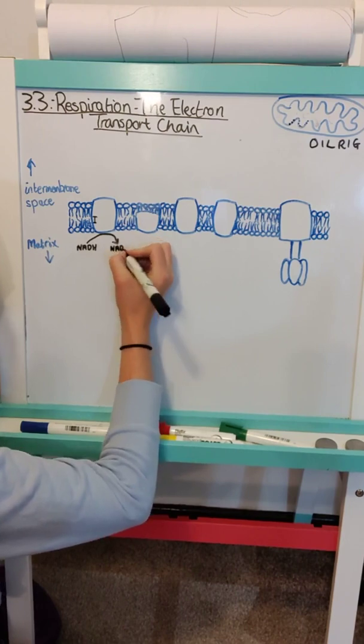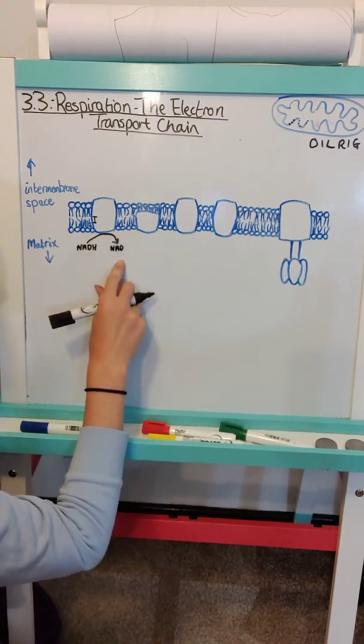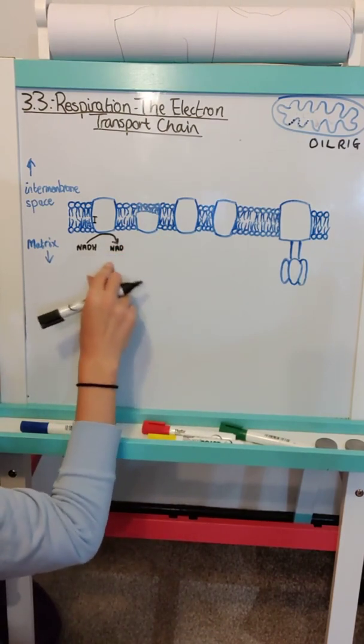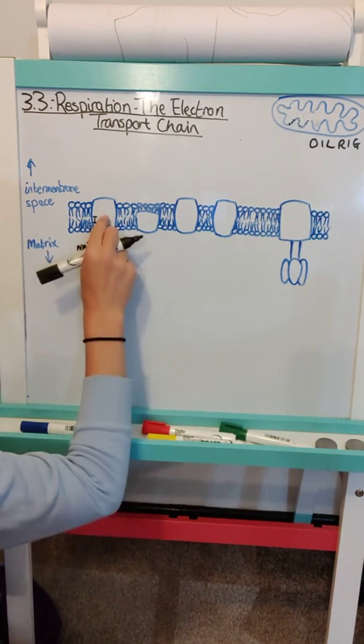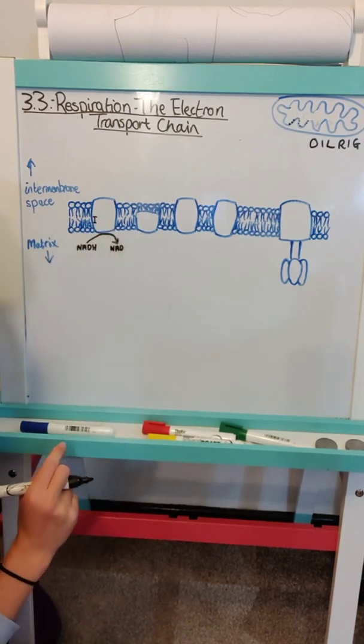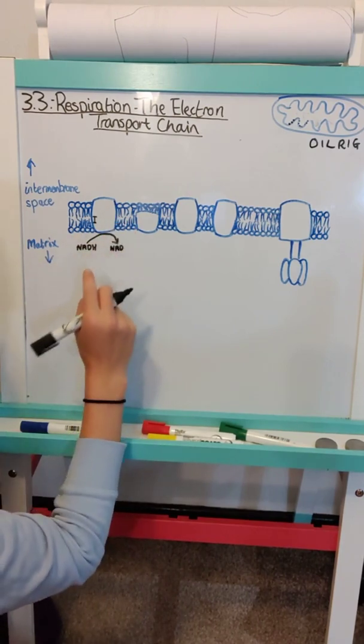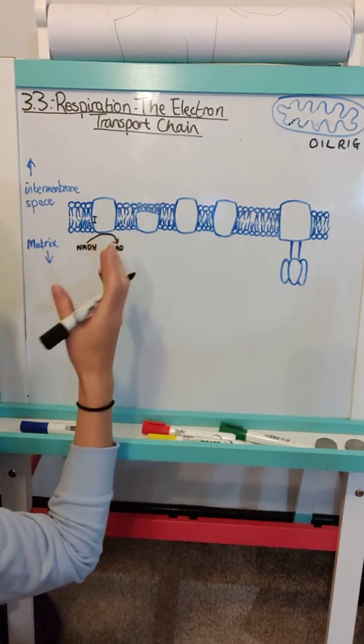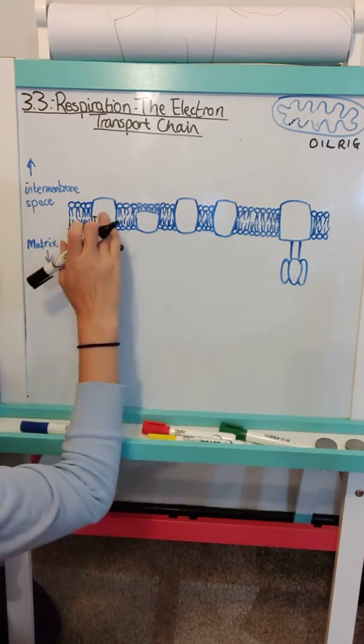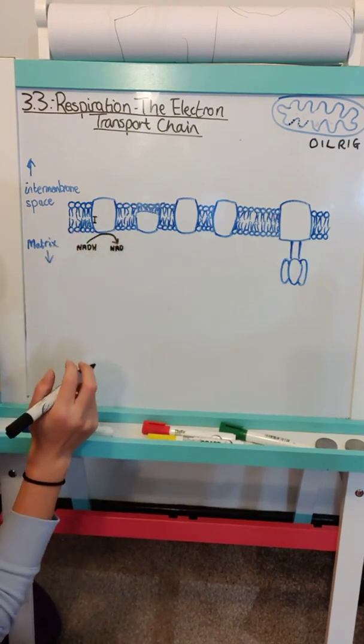So NAD, which was reduced earlier on, has now been oxidized. So that means that now reduced NAD has reduced this first complex here. And in doing that, what it's done is it's dropped off those 2 electrons. So 2 electrons dropped off, and that is reducing this first complex.